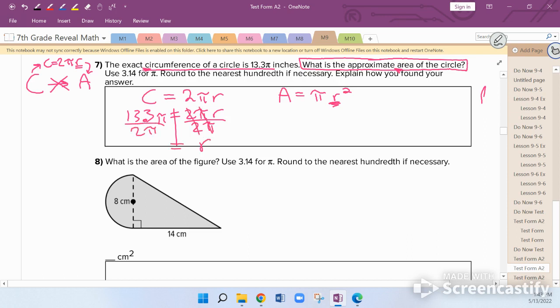R equals, if I divide 13.3 by 2, I get 6.65. And that's my radius, but I have to quickly plug that in here. 3.14 times the radius squared, 6.65 squared. And then that gets me a grand total of 138.86.